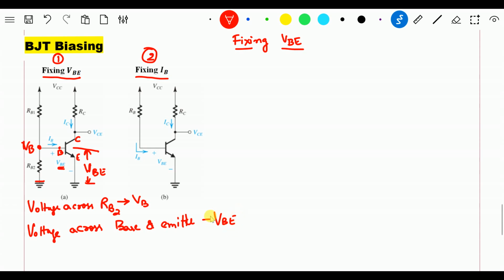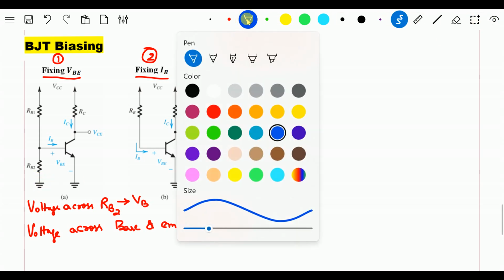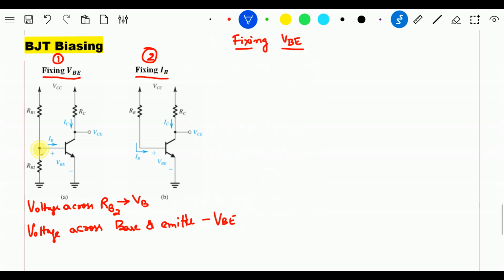If you try to see the circuit properly, can I say that the base voltage, VB, which is the voltage between base and ground, is also the voltage between base and emitter?